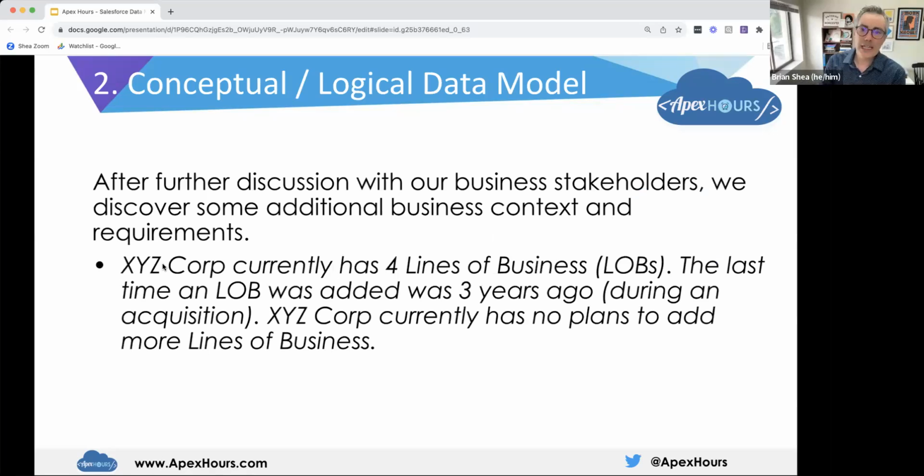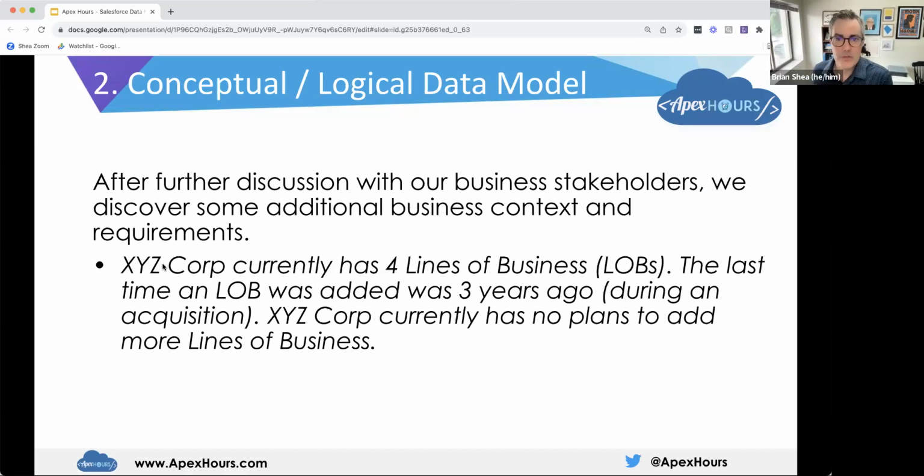But if we dig into the request, as we should, if we dig into the user story and ask some questions about it, in our example some additional requirements came to the fore after discussing with our business stakeholders. So I'll go through those now.